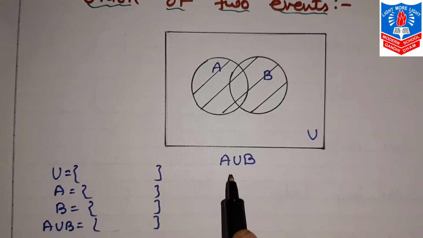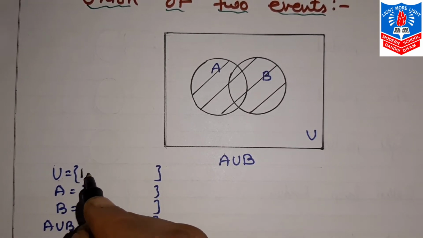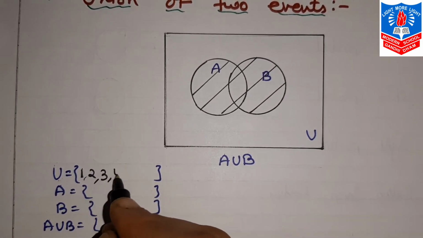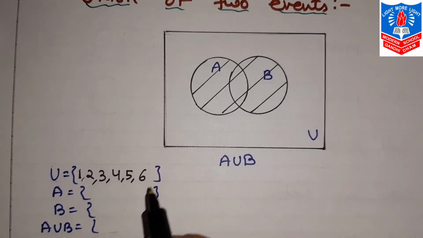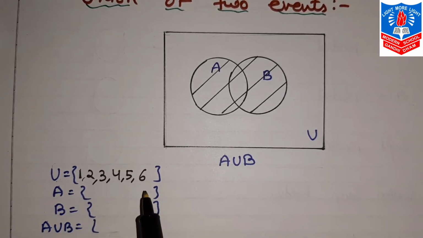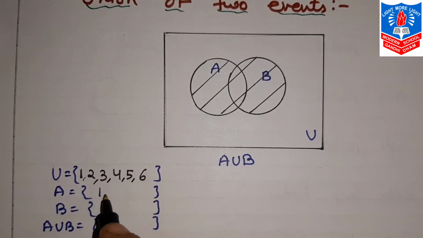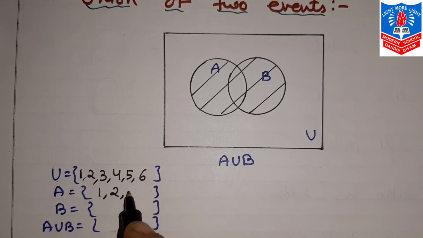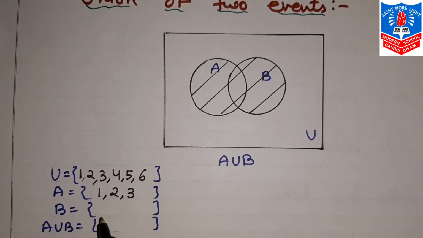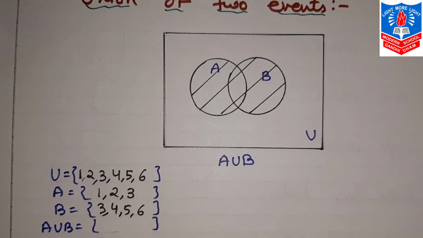Now here, as in the previous example, we have taken one 6-faced dice. So possible outcomes are from 1 to 6 only. Now event A is 1, 2 and 3, while event B is 3, 4, 5 and 6.